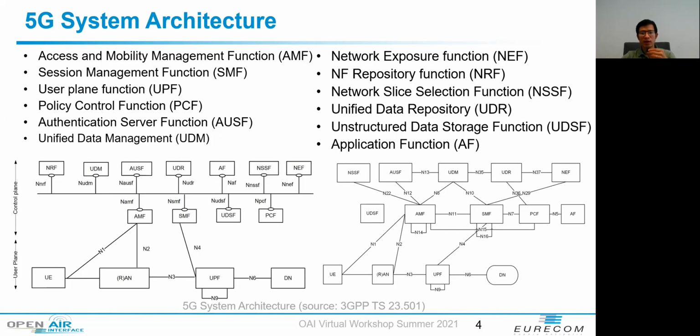For example, SMF provides PDU session services to AMF to establish, modify, or release a PDU session. And this is one of the main differences between 4G and 5G core components.